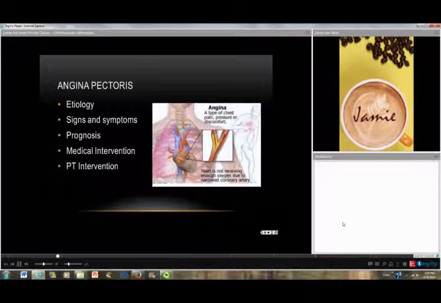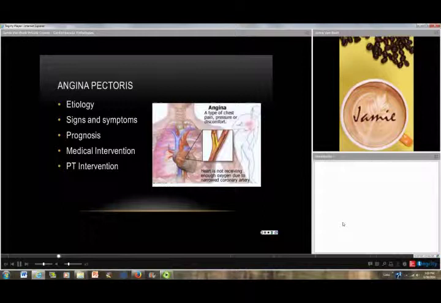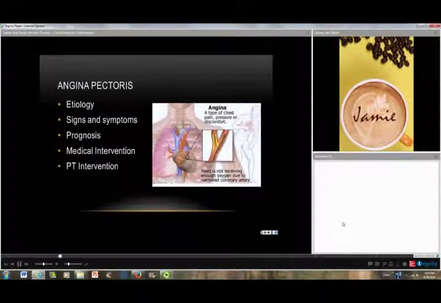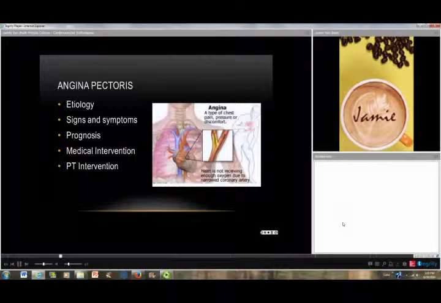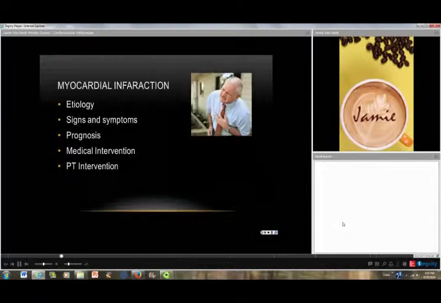You can check the patient's pulse and respiration. If you have oxygen, you could administer oxygen. If you're in an acute care setting, you're going to get the nurse with this chest pain. So that pretty much makes sense, right, of what angina is.